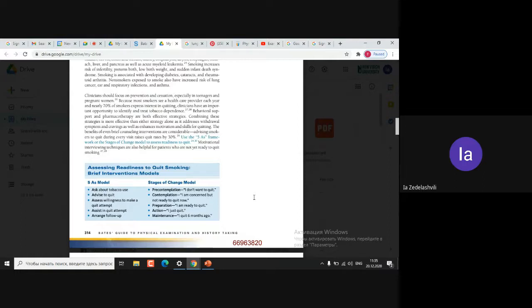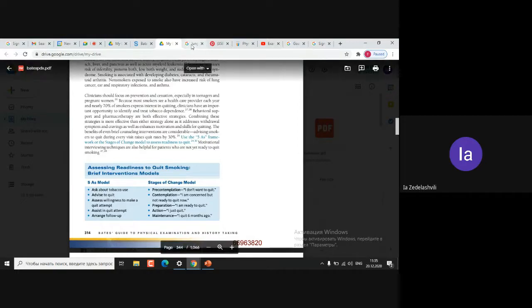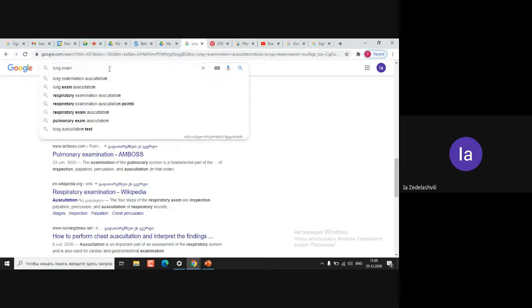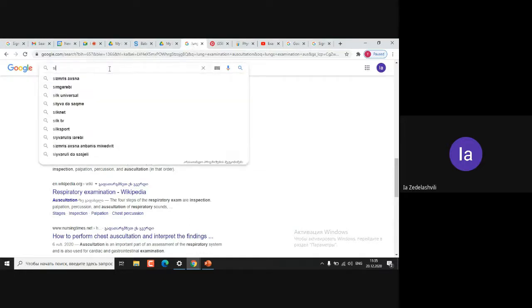And this kind of disease is named silicosis. It's the specific name for lung destruction, if I can find it.